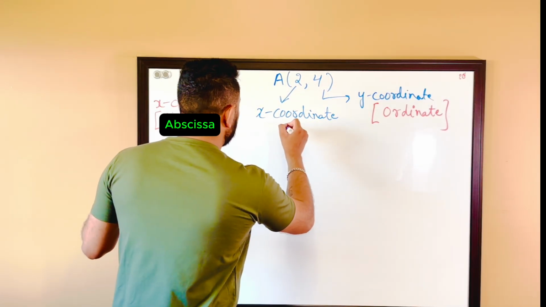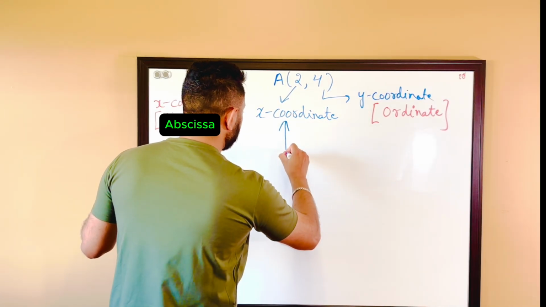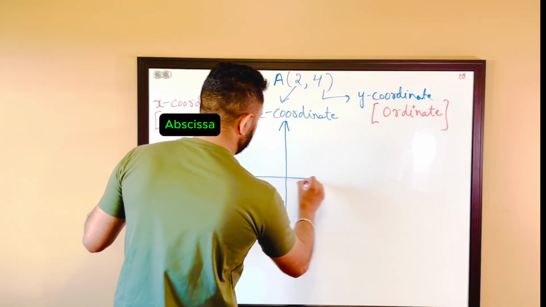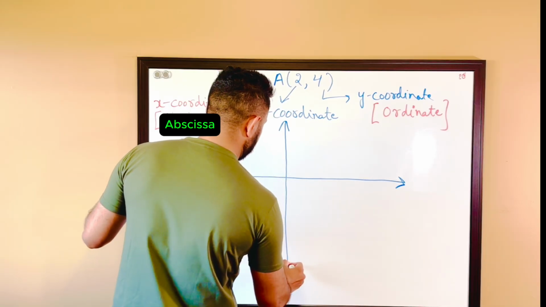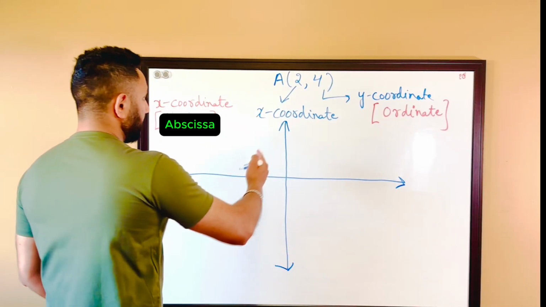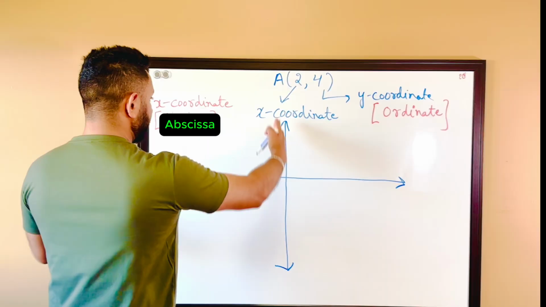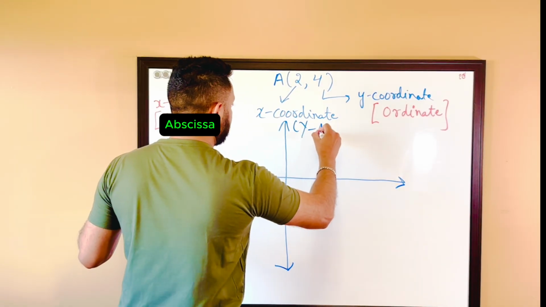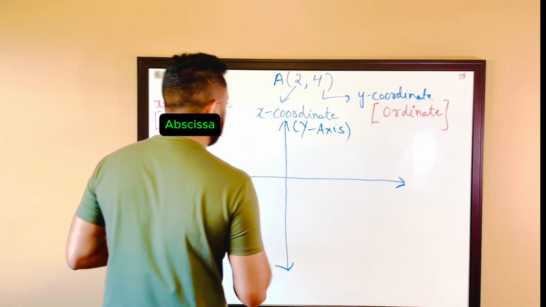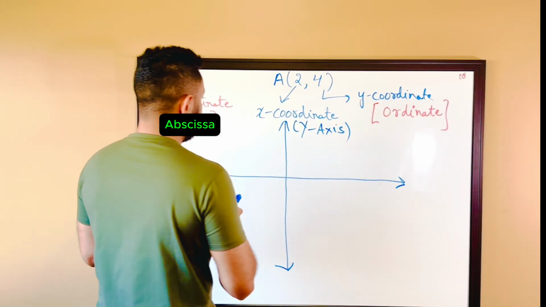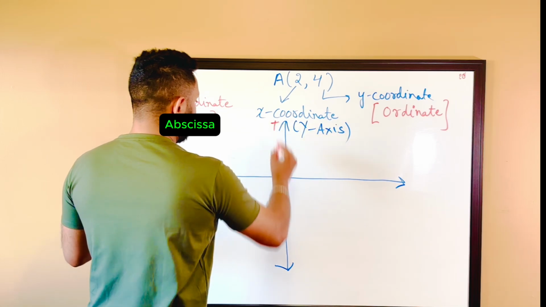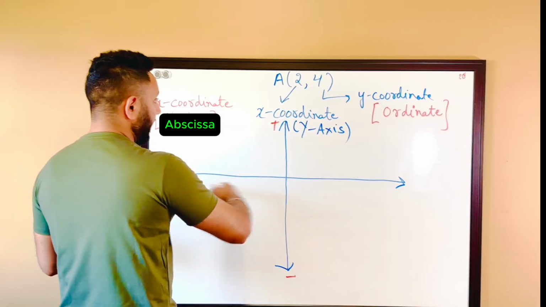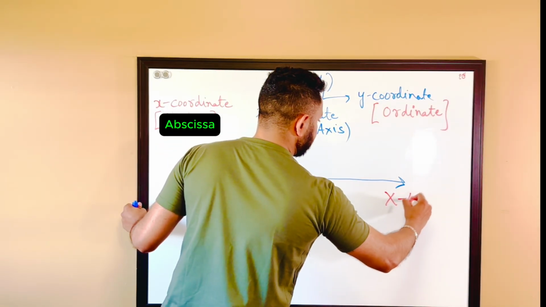So let's draw a two-dimensional grid. This vertical line, like this vertical perpendicular line, is y-axis. Where this is positive and this is negative, and this horizontal line is x-axis.